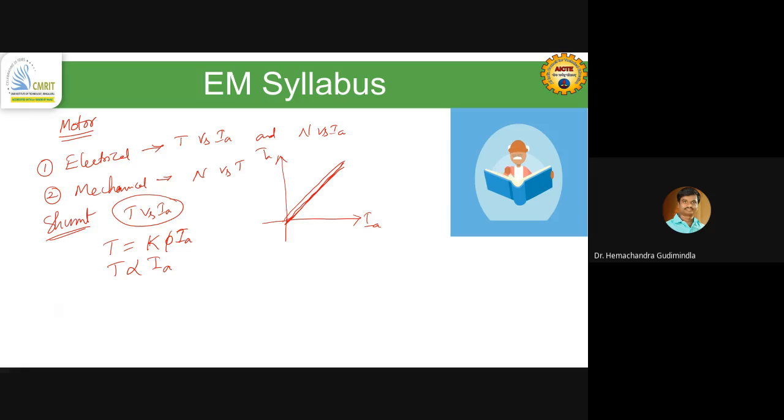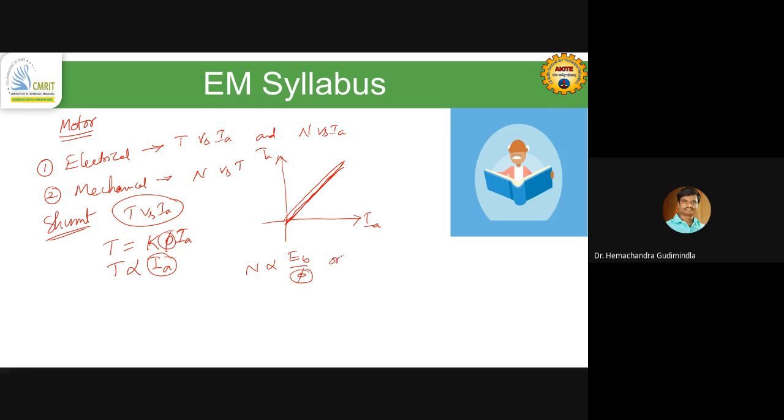if I look at the speed versus Ia, now Ia is directly proportional to phi. Let us take N is directly proportional to Eb by phi, or Eb is nothing but V minus Ia into Ra, right? Now if phi value is directly proportional to Ia, what will happen?